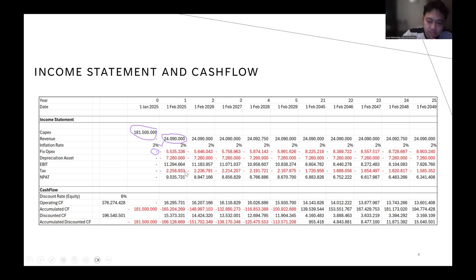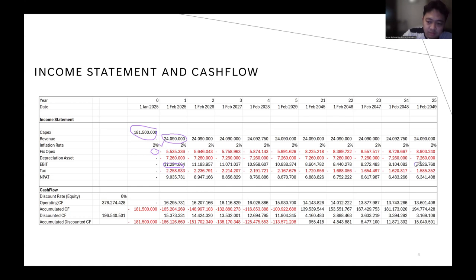Then we have EBIT, earnings before interest and tax, which is 11.29 million in the first year, and 7.9 million in the last period of the contract.